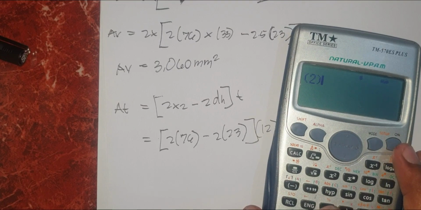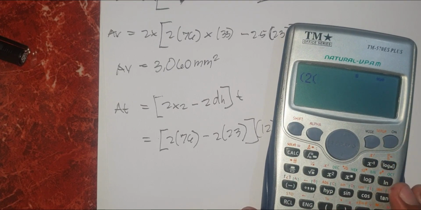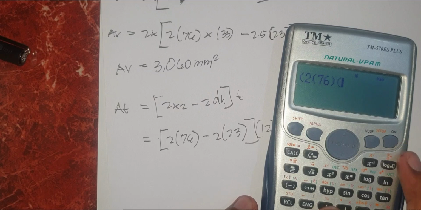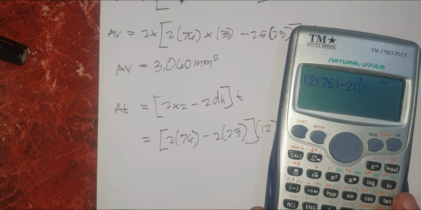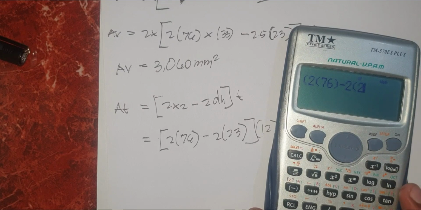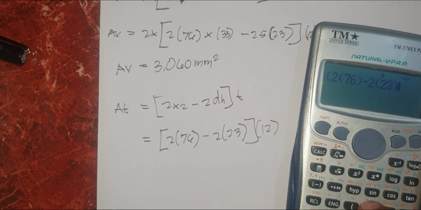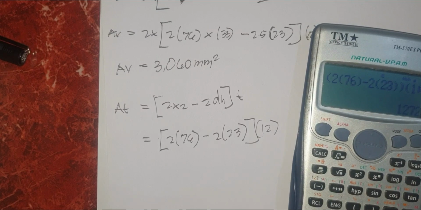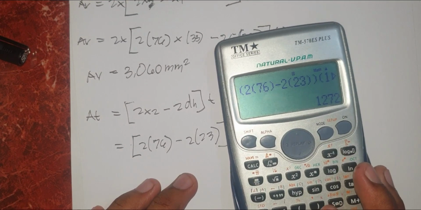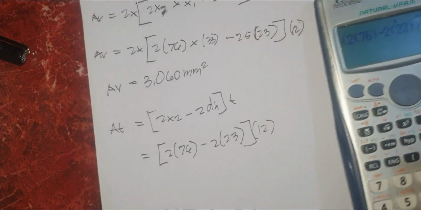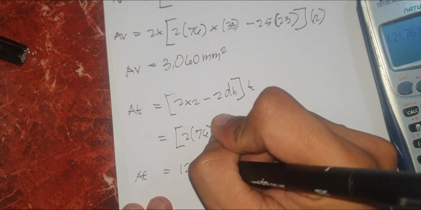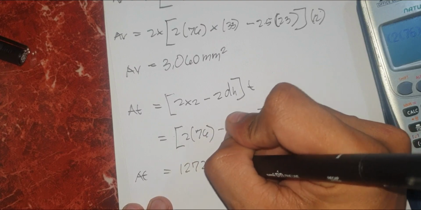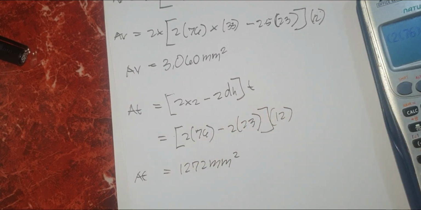Summation 2 times 76 minus 2 times 23, times 12 was 1272. So AT equals 1272 mm squared.